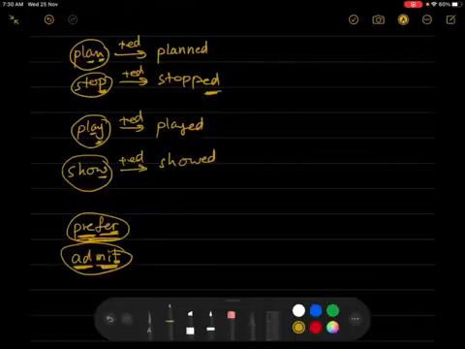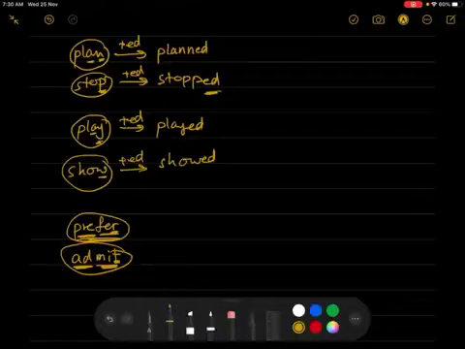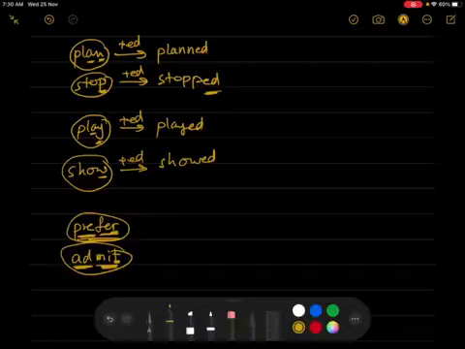But before you double it, make sure that the pronunciation is more focused on the second syllable. Here, listen to me. When I pronounce prefer, prefer, so the focus is on fer. Admit, so the focus is on mit.